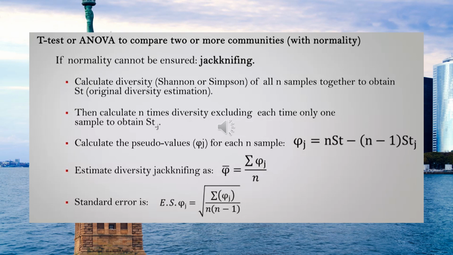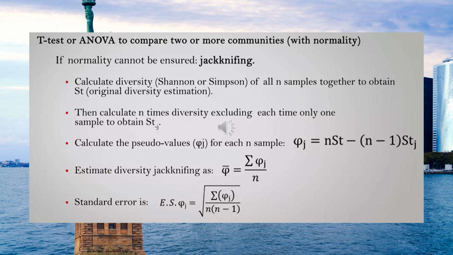We can use any one of them, and then add up all the samples together to obtain a kind of original diversity estimation. Then we calculate n times the diversity, excluding each time only one sample, to obtain the estimate minus j.